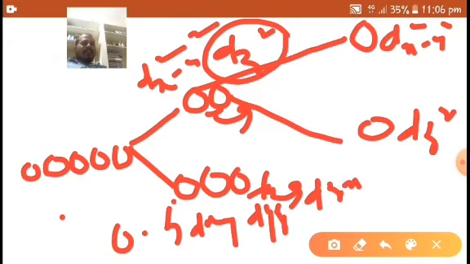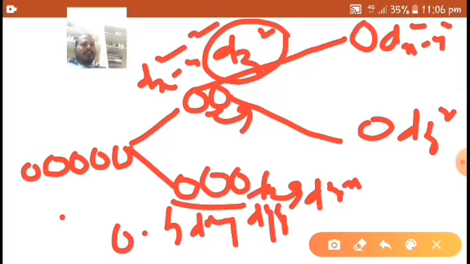Whereas in the case of T2g orbitals, again there are no ligands along the z axis, so there will be no repulsion in the z orbitals.